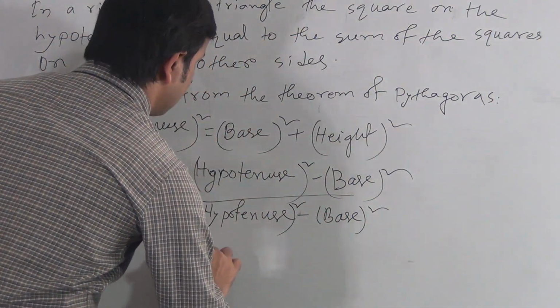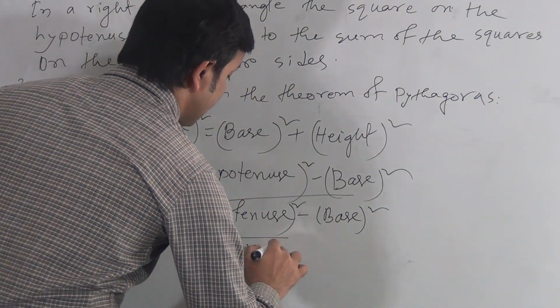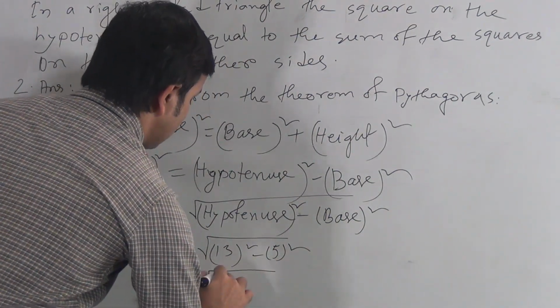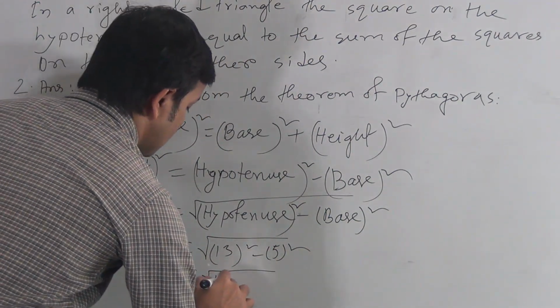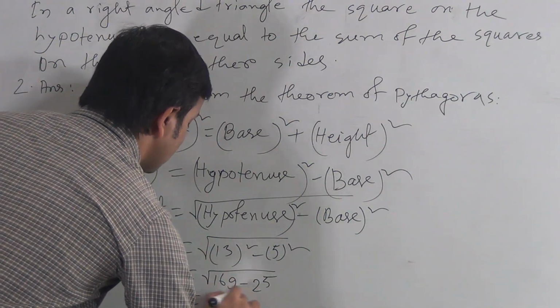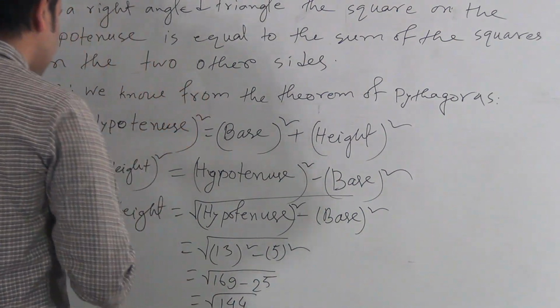Here the hypotenuse is 13, base is 5. So if we calculate here, 169 minus 25, this will be 144, so you will get 12 here.